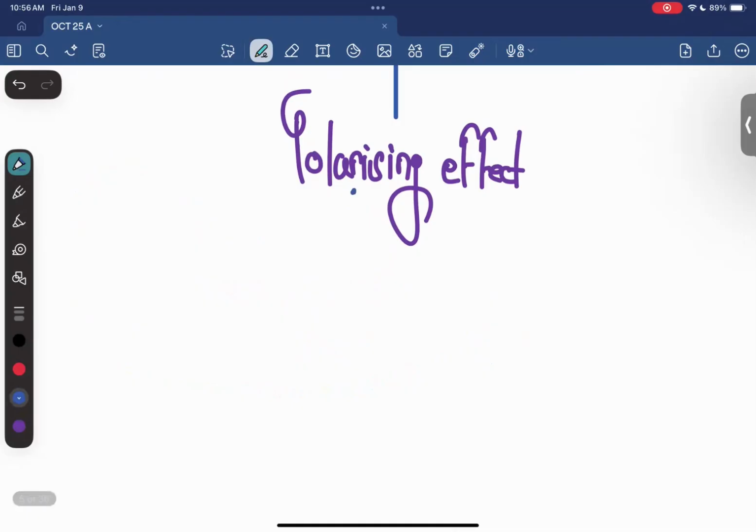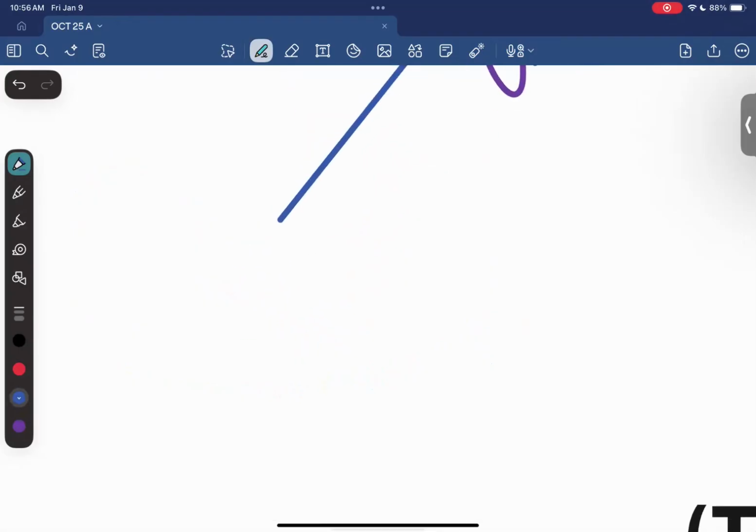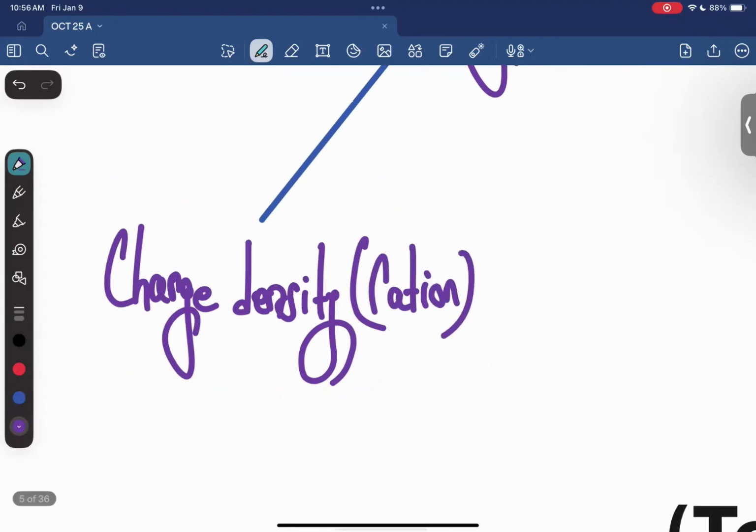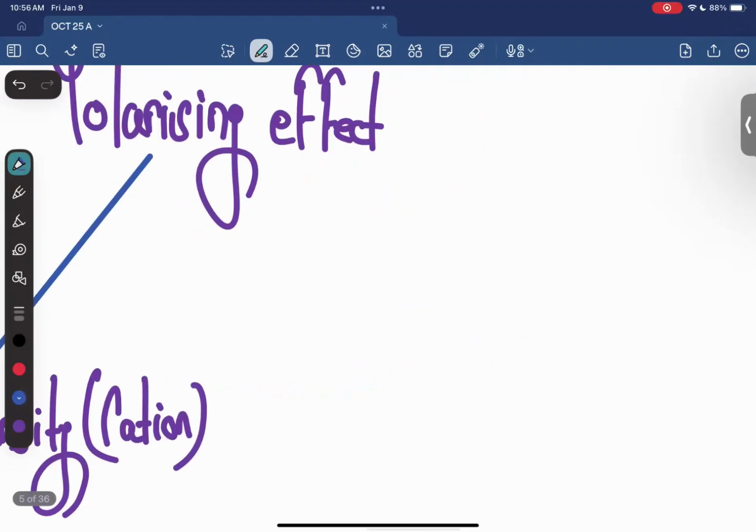First, the charge density of the cation, and second, the radius of the anion.